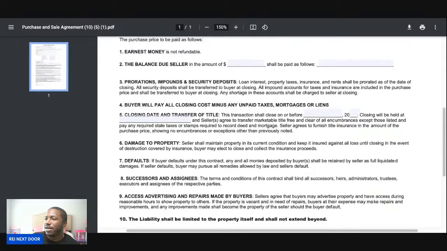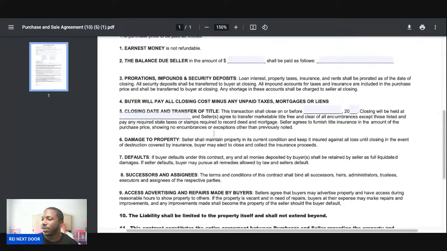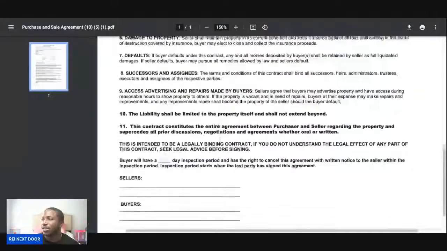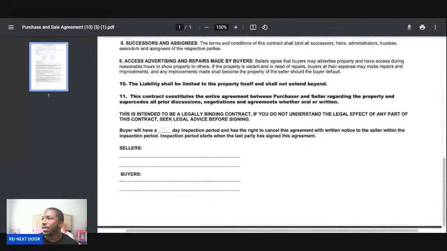Any improvements made shall become the property of the seller should the buyer default, right? So if you fix up the property and you default, then that's the seller's stuff that you fixed up, right? So moving on to the end of this thing, which is really important.